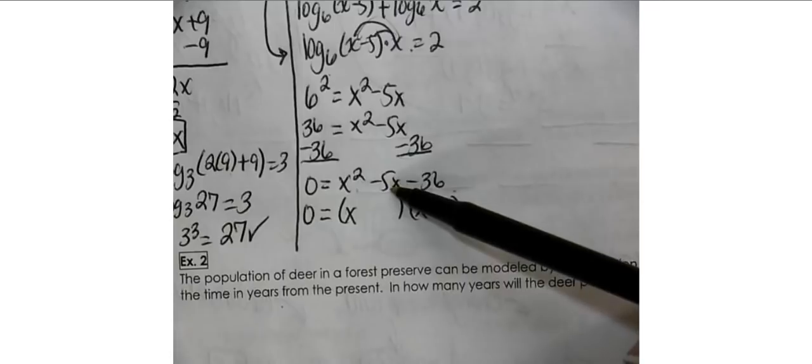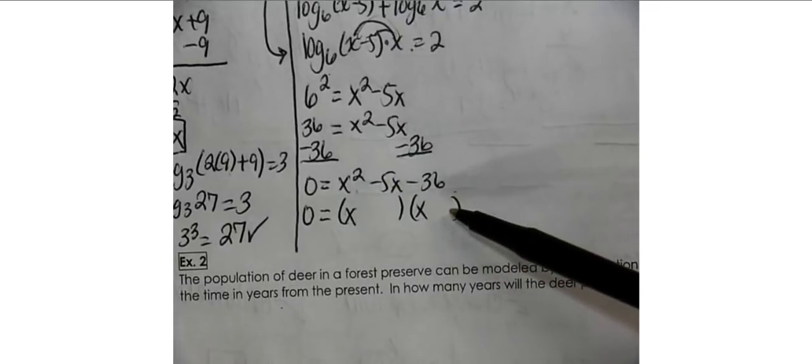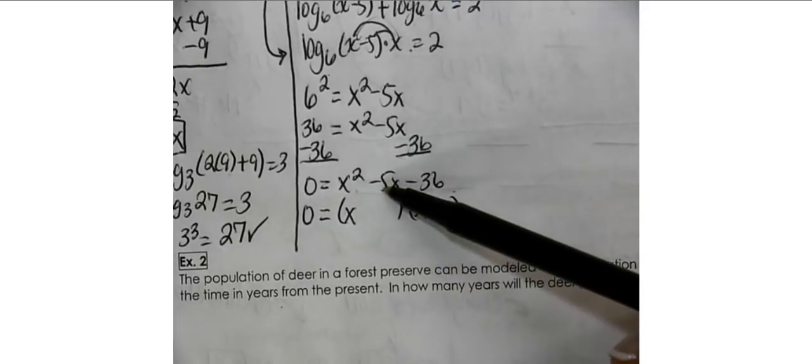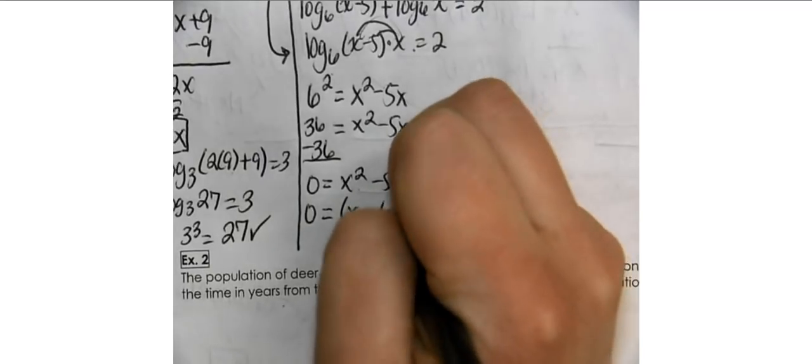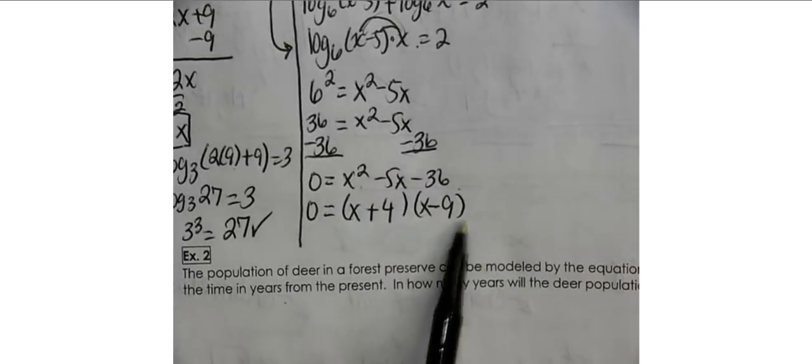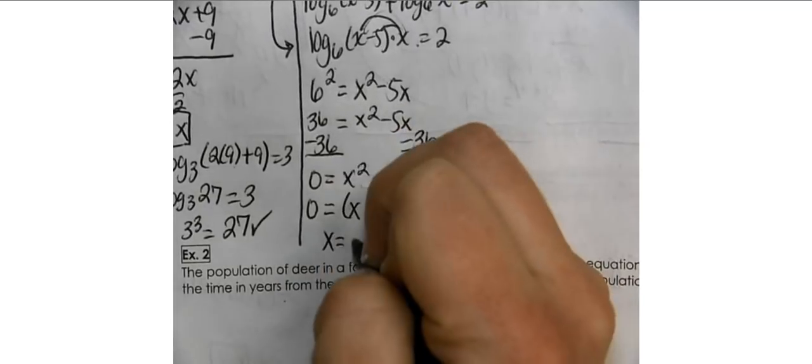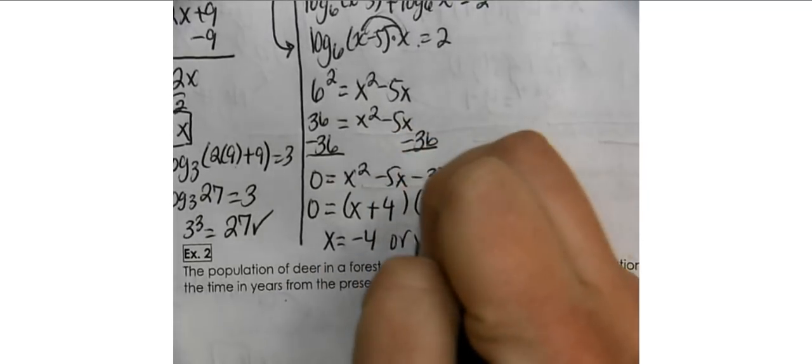So then we look at 3 and 12. But 3 and 12 can get us some kind of 9 or 15, but not a 5. So the next number is 4. 4 and 9 could work. I can put down a 4 and a 9, and we can make that a negative 9 and a positive 4. And 4 minus 9 does indeed equal negative 5. So therefore, our solutions are x equals negative 4 or x equals positive 9.